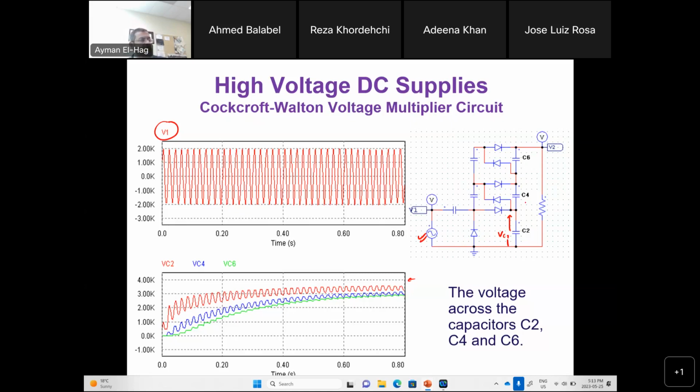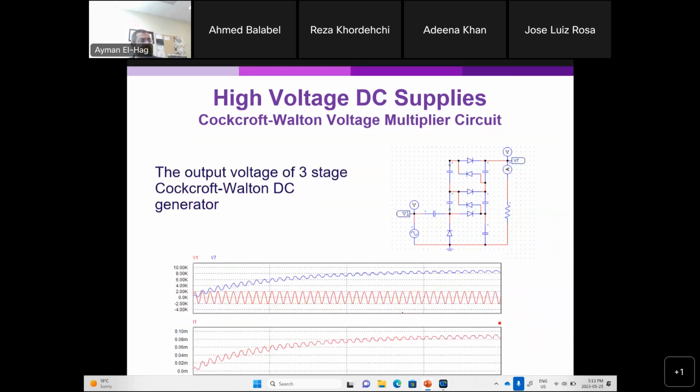Now, if we come and see at the end how it will look as an output, that will be your output V7. And your V7 here is coming close to 10 kilovolts, something like that. And you saw the ripples. These are the ripples, and here is the current.